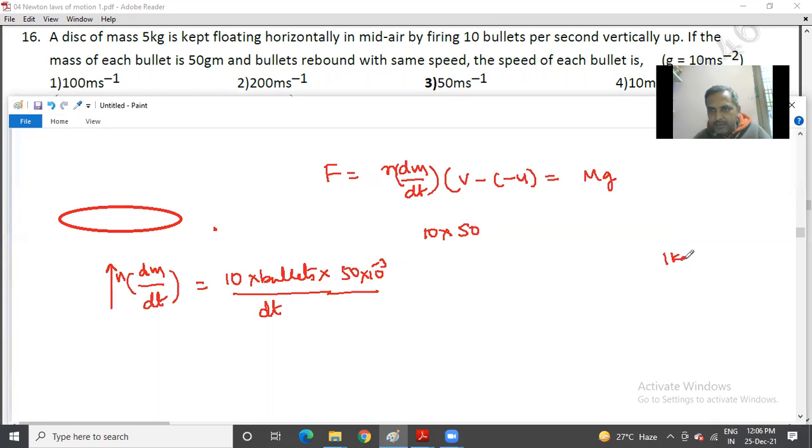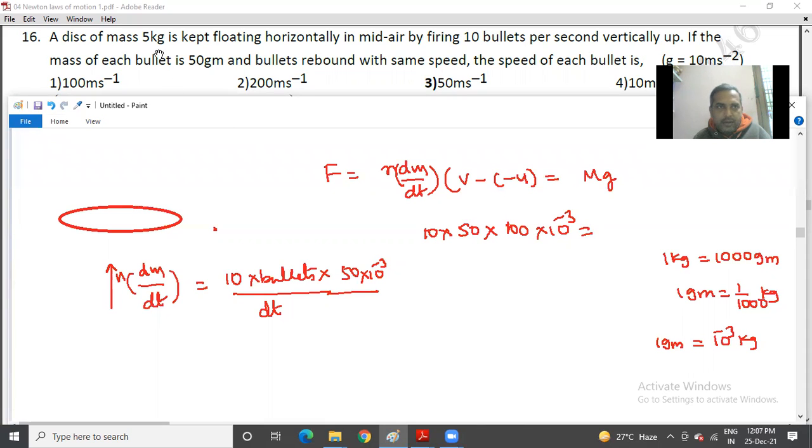Remember, 1 kg is equal to 1000 grams, and 1 gram is equal to 1 by 1000 kg, so 1 gram is equal to 10 to the power of minus 3 kg. Speed is the same but in the opposite direction, so this will be V plus U. So it will be 50 plus 50, 100, and there is minus 3 also here, equal to the mass of the disc times g.